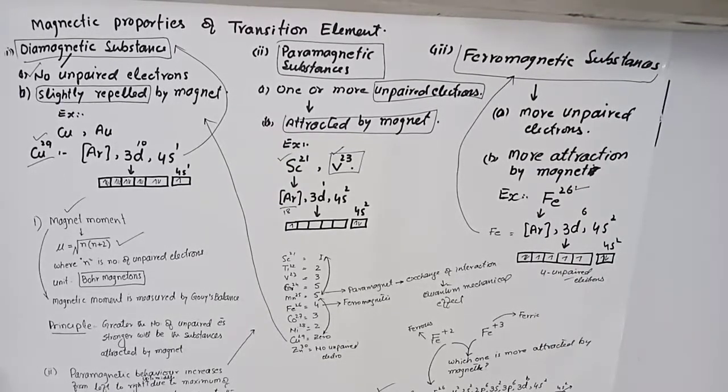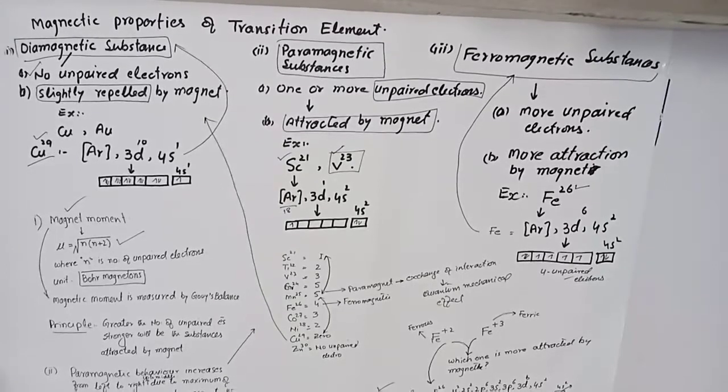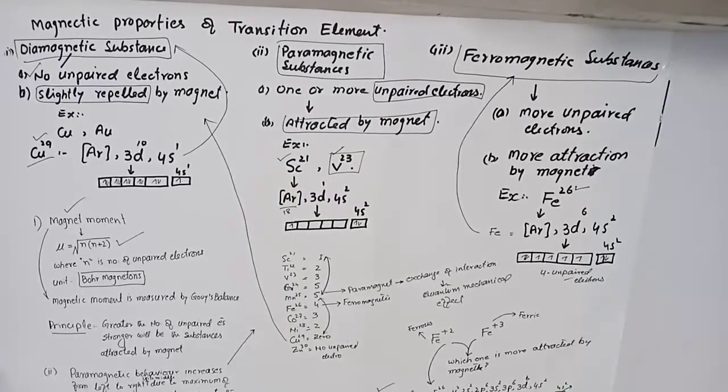Now draw the orbitals of 3d: 1, 2, 3, 4 and 5. There are 5 orbitals. So there is no electron in 4s and there are 5 electrons in the d orbitals. 1, 2, 3, 4 and 5. Here we can see that there are 5 unpaired electrons.